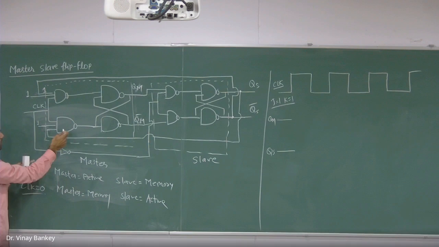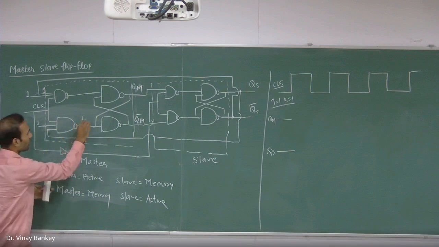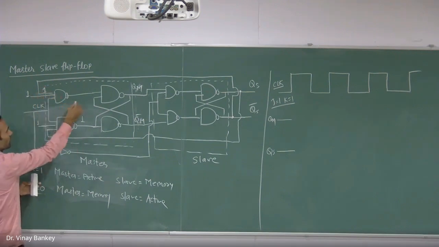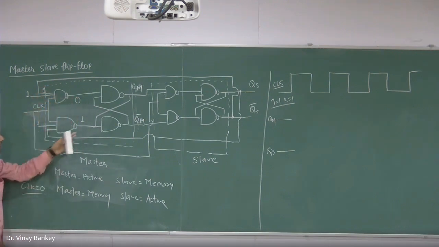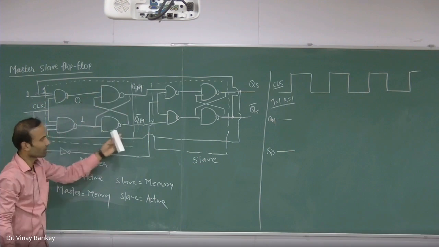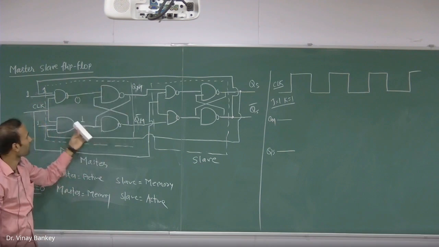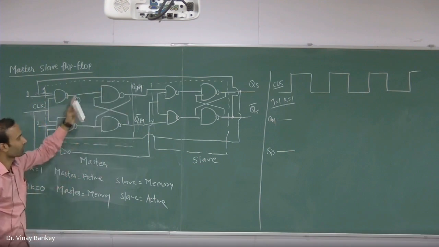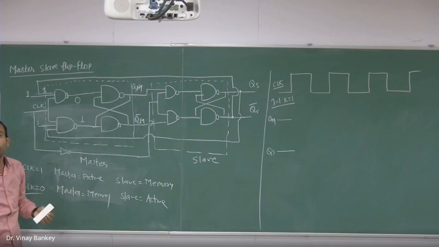So if any input of this NAND gate is 0, the output will be 1. And all of these inputs are 1, so the output will be 0. And this is my latch circuit, NAND latch. Remember, whenever there is a 0 and 1 in front of the latch, what will be the output? Check it.